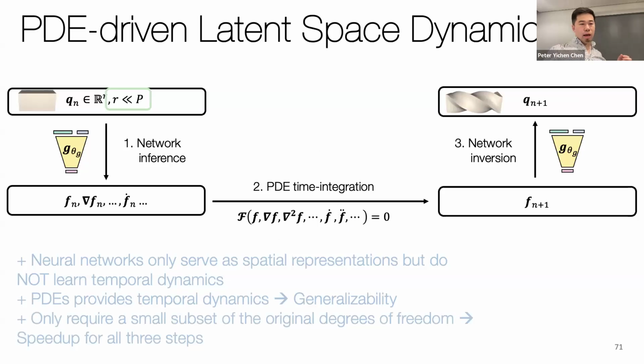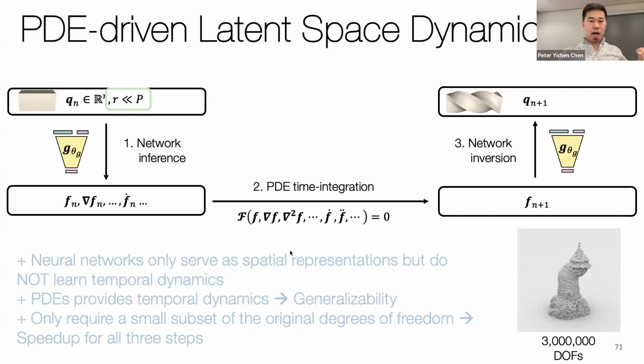And since the dimension of this Q is very small, let's say 10, 20, we can do all these 3 steps, not on a very fine mesh of, let's say, 3 million degrees of freedom, but by picking just 50 sample degrees of freedom to drive these updates. That's where the computational savings come from.